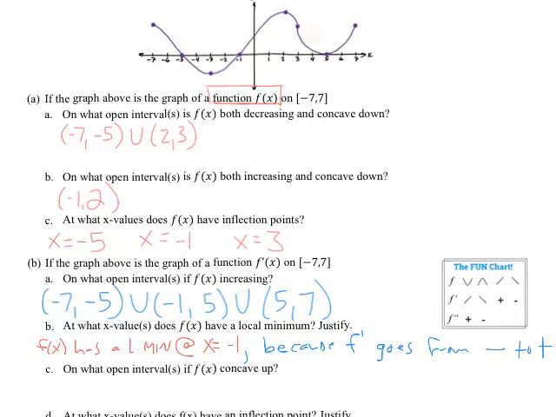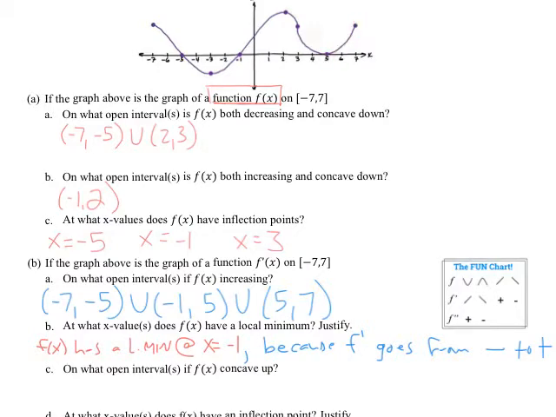Finally, in part C we're asked, on what open intervals is f of x concave up? Since we are given the graph of f prime, what we need to know is when is f prime increasing, because that would mean the second derivative is positive. So f prime is increasing from -3 to 2 and 5 to 7.